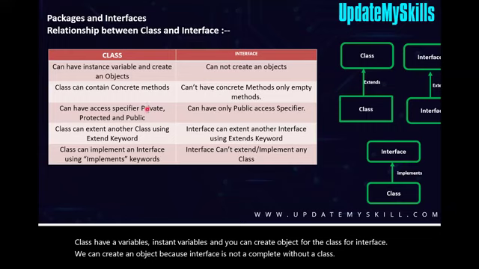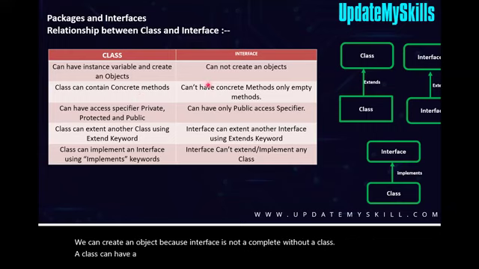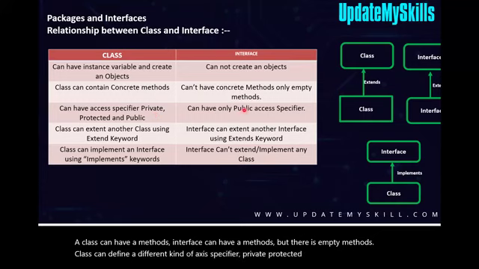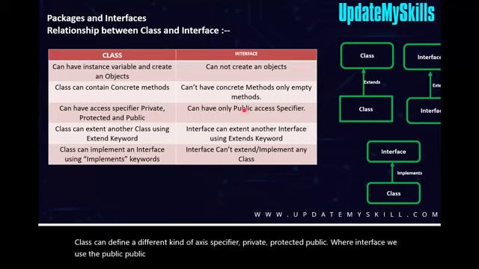A class can have methods, and an interface can have methods, but they are empty methods. A class can define different kinds of access specifiers: private, protected, public, whereas for an interface we use the public access specifier, public interface.